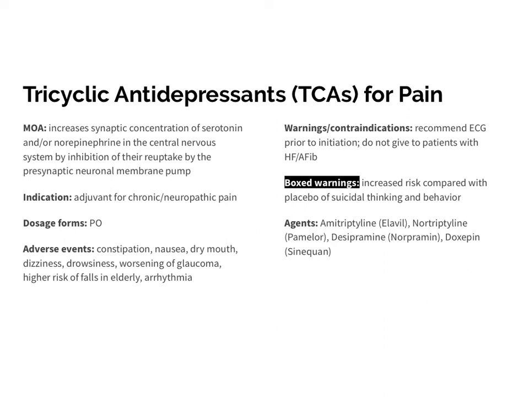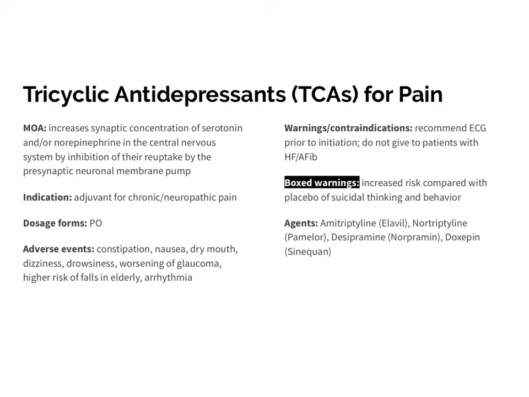They come in a PO dosage form. They tend to be very anticholinergic. That means that the patient could experience constipation, nausea, dry mouth, worsening of glaucoma, worsening of urinary retention, and they do cause a lot of drowsiness. There's also a boxed warning as a class on TCAs because they have an increased risk compared with placebo of suicidal thinking and behavior.